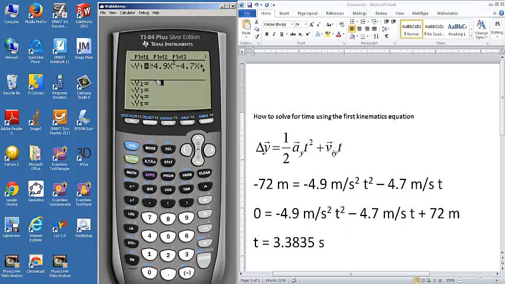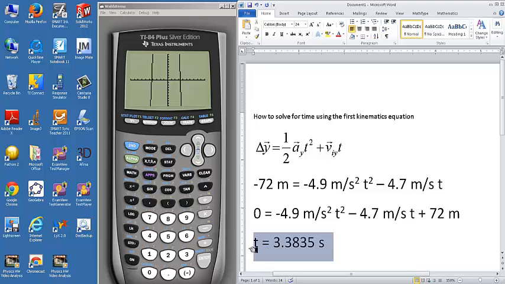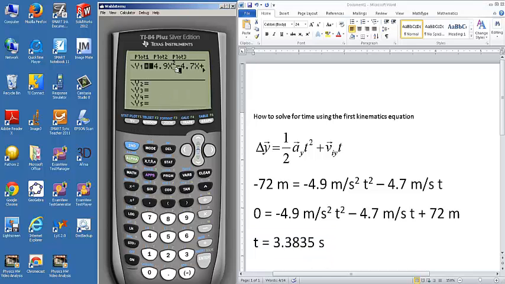Right? Think about what we entered in. We said y equals this. We want to know when that y equals 0, which happens right here at the x-axis, and the calculator told us that one of the times that's true is when t equals, or in this equation, x has this value.